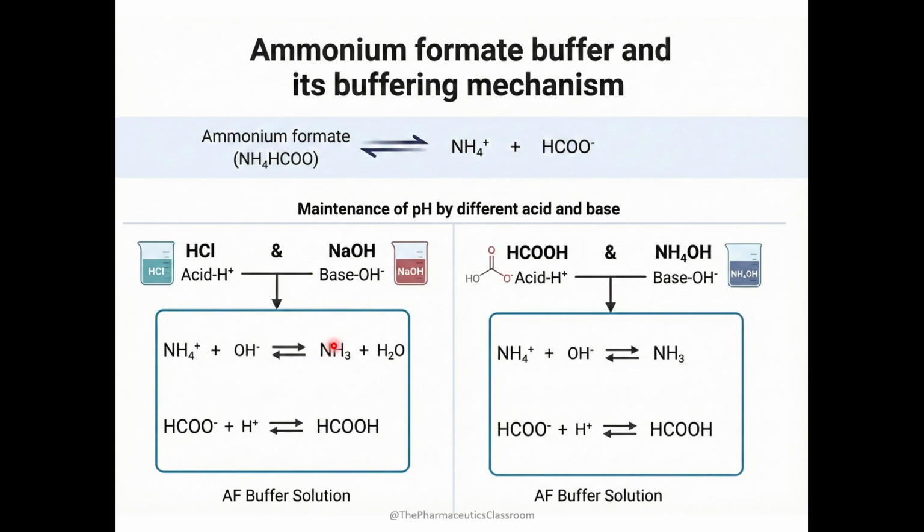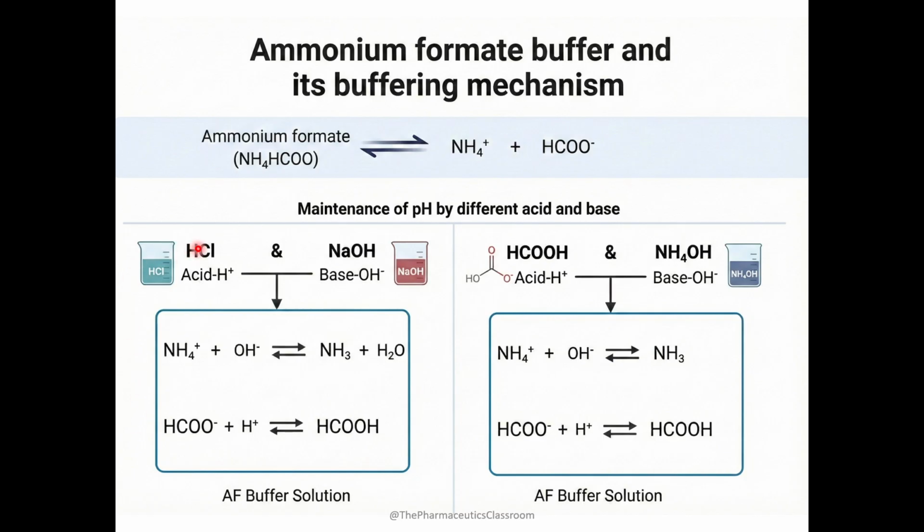Suppose in our buffer solution we have 10 molecules of ammonia and 10 molecules of formate.